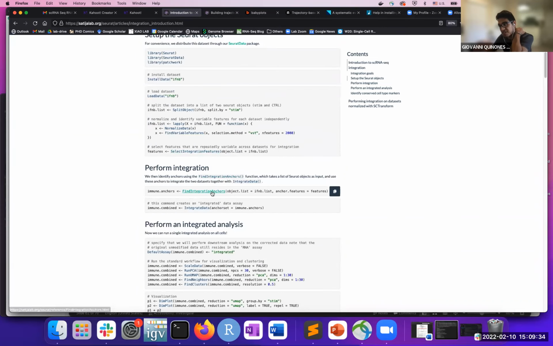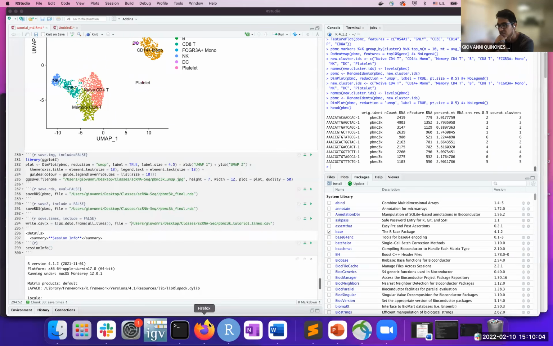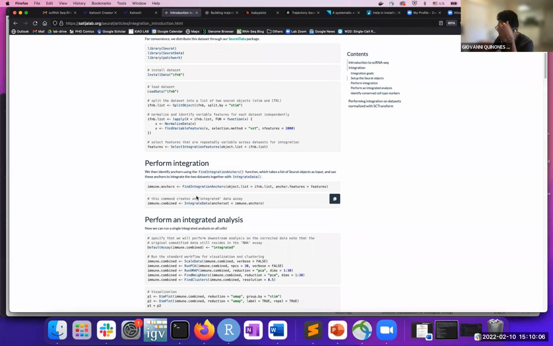And here you have the functions to perform the integration. These steps are pretty much the same that we perform. We normalize our data and we find our top 2,000 most variable genes. And then later on, here you see this function, FindIntegrationAnchors. This refers to the point where we're trying to find the set of cells that will be more similar across the different data sets.